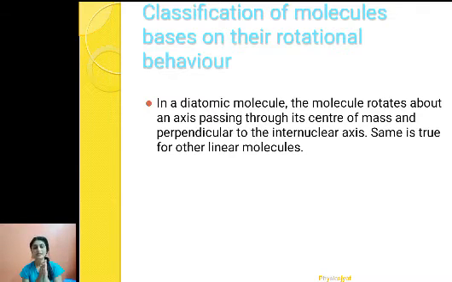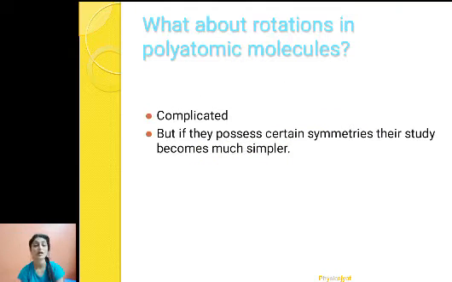Now, when we consider a diatomic molecule, the molecule rotates about an axis passing through its center of mass and perpendicular to the internuclear axis. The same is true for other linear molecules as well. But what about polyatomic molecules?